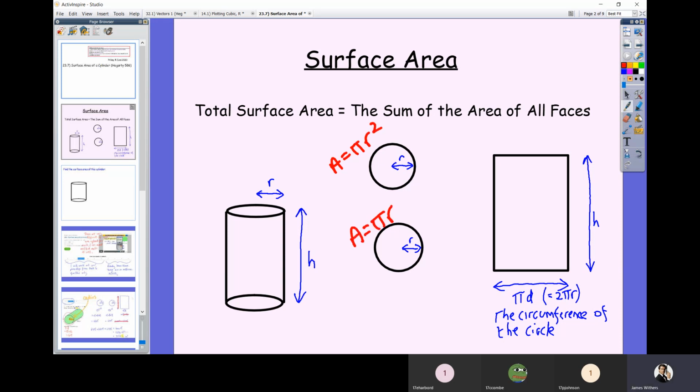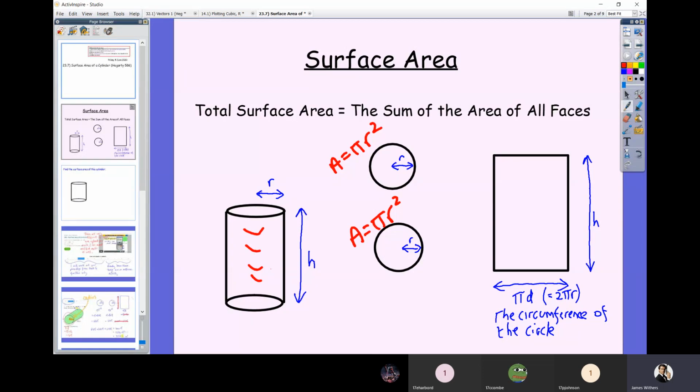Now, imagine this curved surface area here. If you were to imagine a kitchen roll, for example, and you went and cut along it, and you flattened it out, you would get a rectangle.